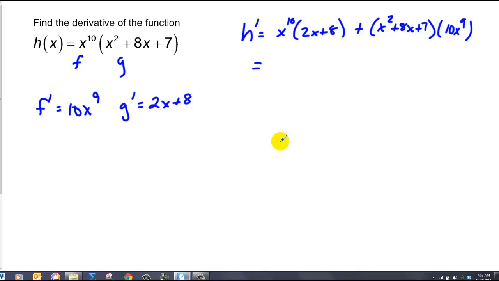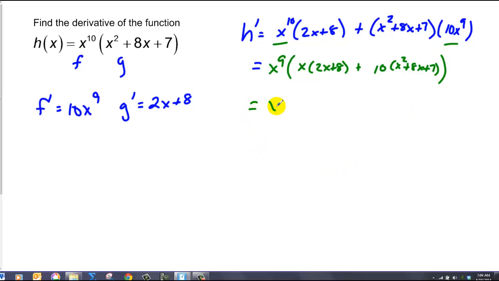Now, once you get to calculus, you'll be asked to simplify these. I could distribute all this in and then add like terms, but I see right off the bat that I'm going to have some GCF going on. I can factor out an x to the 9th. Once I factor that out, I'm left with an x times 2x plus 8 plus 10 times x squared plus 8x plus 7.